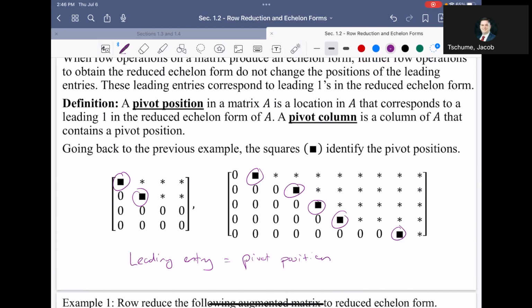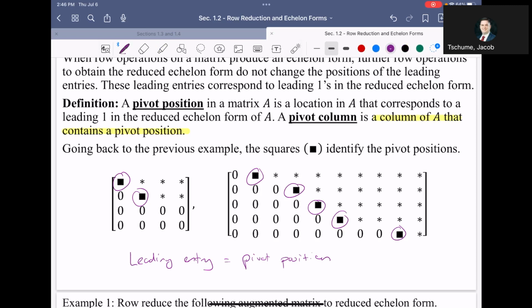of the problem. The other thing, which we won't really need much today, we might do one example about it in this video, but later on, we're going to focus on some ideas that require you to use the pivot column, not just the pivot position. So a pivot column, and I'm going to highlight this because we're not going to use it very much right now, is a column of A that contains a pivot position.